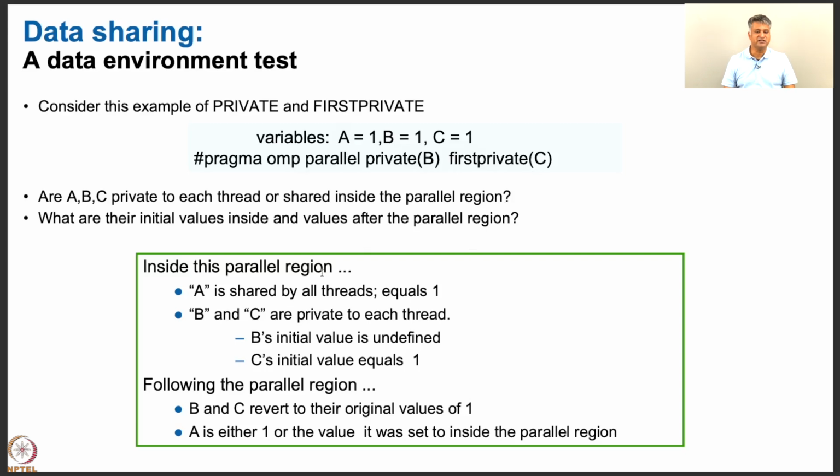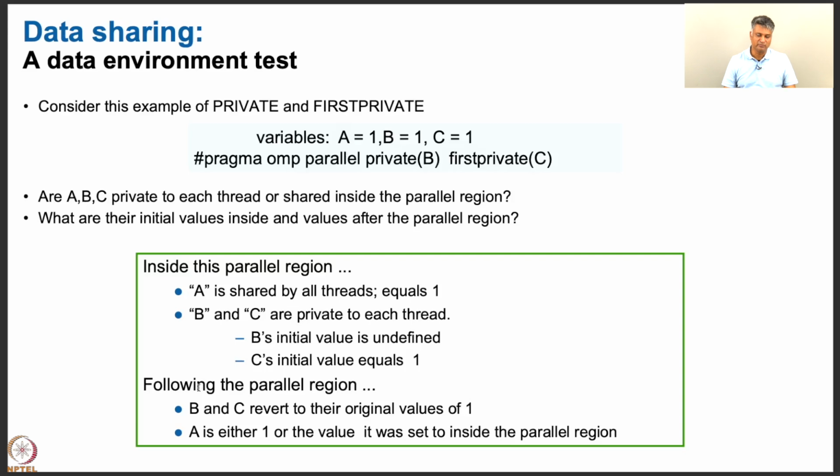That essentially means that a is shared by all threads and is equal to 1. b and c are private to each thread, but b's initial value in each of the threads is undefined. c is private to each thread, but its initial value is 1.